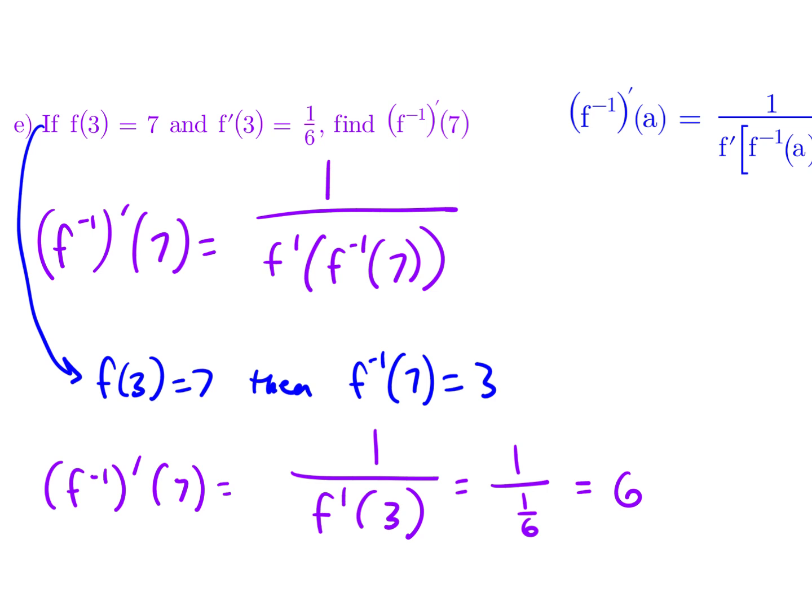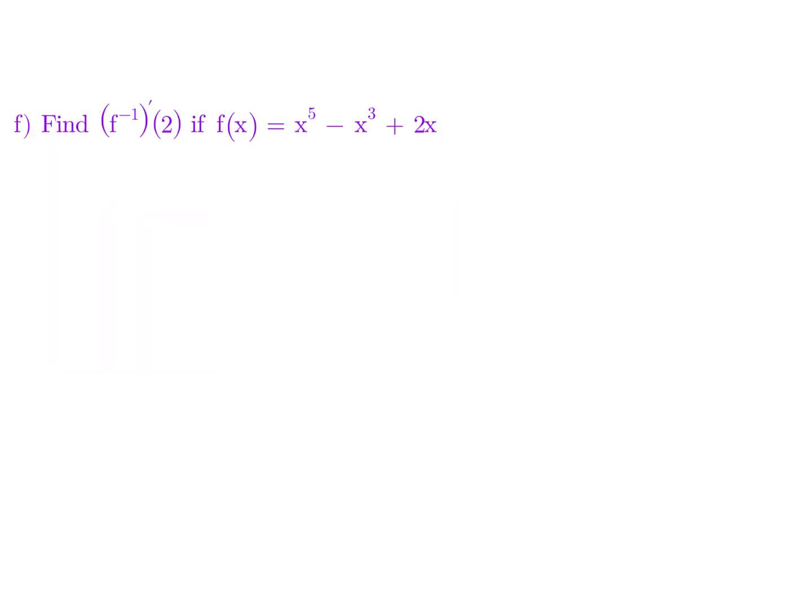Now, a more common type of problem that you're going to see, which becomes a little more challenging, is this. This is the last one we're going to do. In this case, we're looking for the derivative of the inverse at 2. And the problem here is that's all the information they give us.